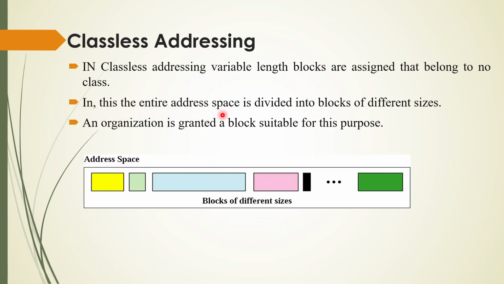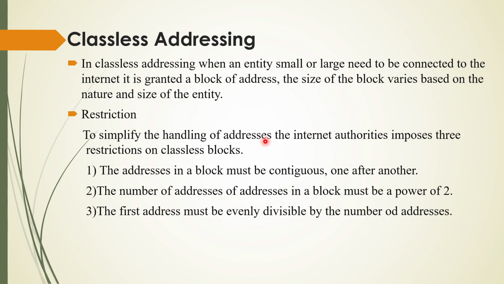In this, the entire address space is divided into blocks of different sizes, and an organization is granted a block suitable for its purpose, according to its requirements. So this is classless addressing.